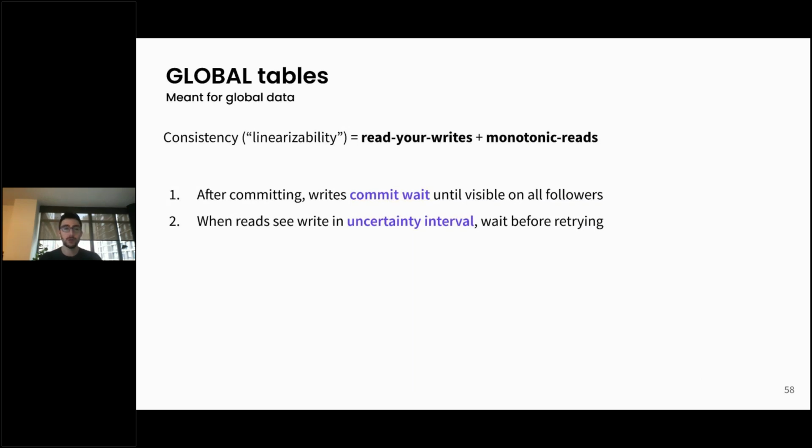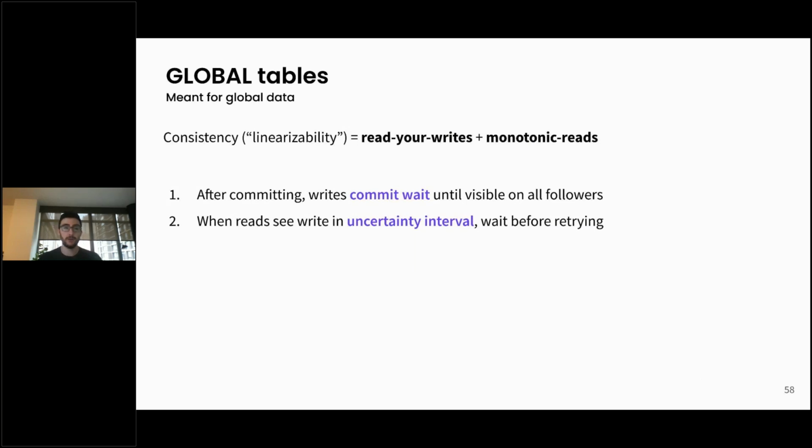To ensure read writes, we introduced a concept called commit wait into CockroachDB. Commit wait is a delay that writes will perform after committing, before acknowledging the commit. Now, this may sound very familiar. That's because the name is coming from Spanner. This is a variation on what Google Spanner does to ensure external consistency.